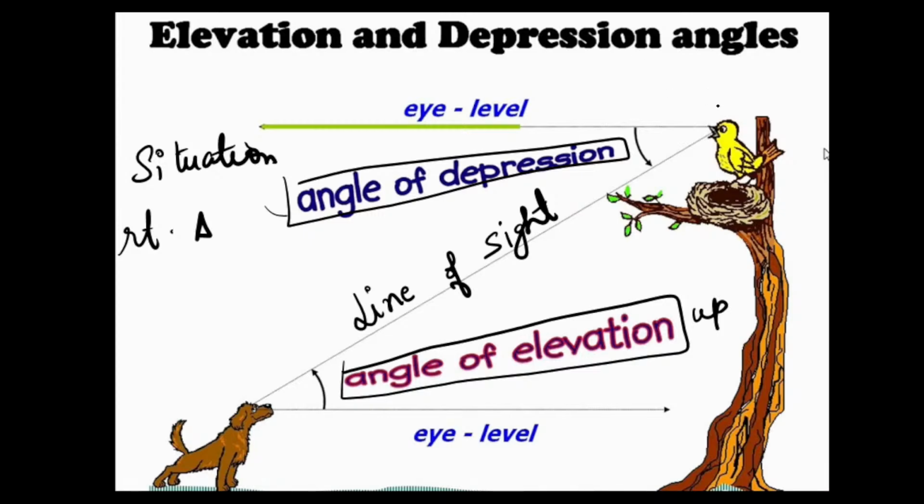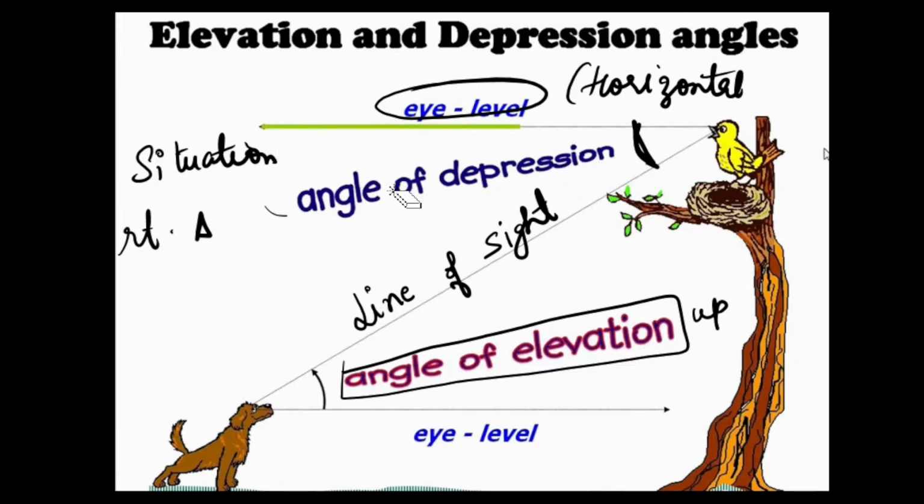Okay, and on the other side, if someone is looking down along the same line of sight, then again with eye level, that will always be a horizontal line. With eye level and this line of sight, this angle is known as angle of depression.